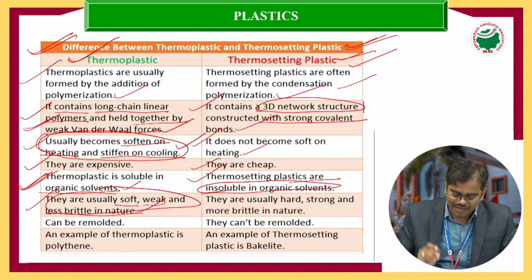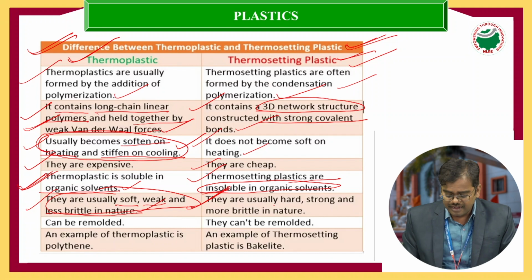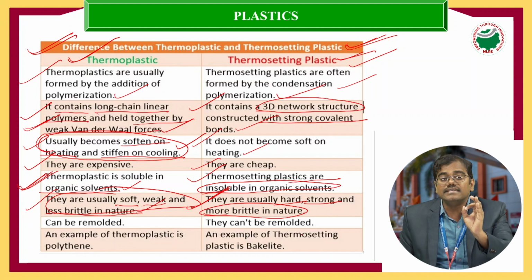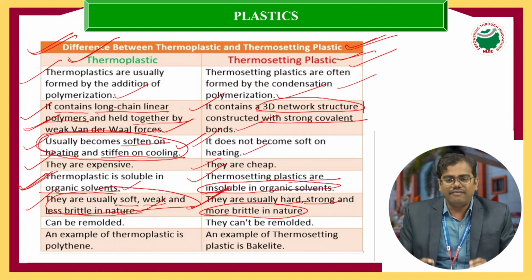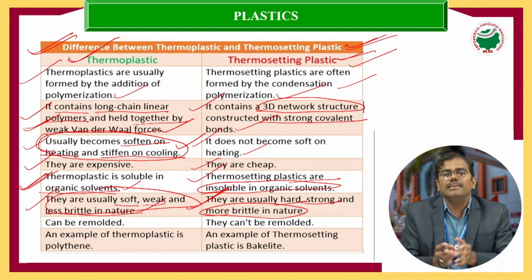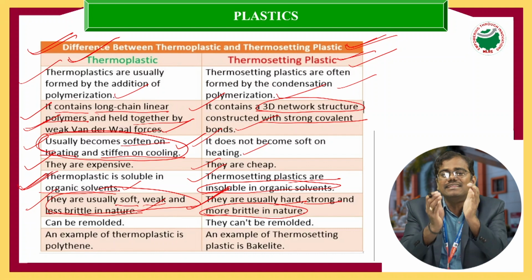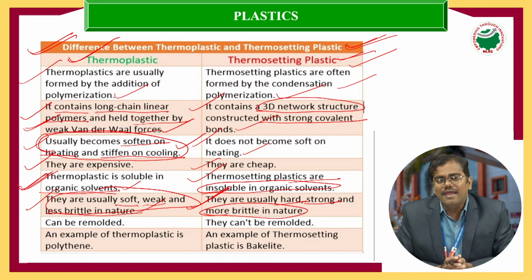Whereas thermosetting resins are very hard, strong and more brittle in nature, because they are formed by condensation polymerization. When we observe the polymeric structure, many polymeric chains are held together by strong covalent bonds.